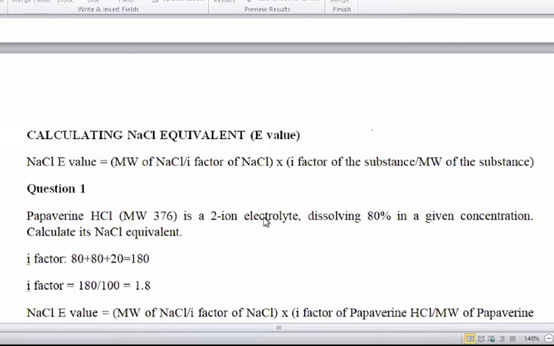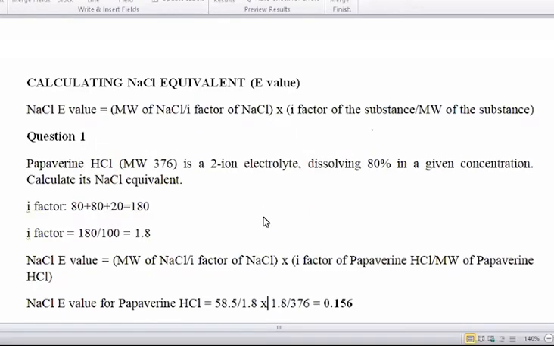I factor. So how do we calculate the sodium chloride E value for papaverine? We just substitute in this formula. Molecular weight of sodium chloride is 58.5. Its I factor is 1.8. Multiplied by the I factor of papaverine, 1.8, divided by the molecular weight of papaverine.